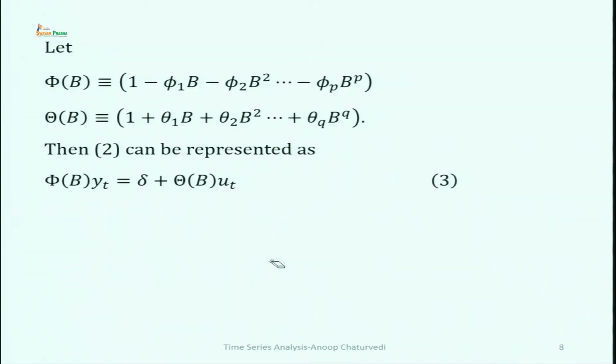Now, suppose capital phi B denotes the operator 1 minus phi 1 B minus phi 2 B square, so on, minus phi p B to the power p, and capital theta B denotes the operator 1 plus theta 1 B plus theta 2 B square, so on, plus theta q B to the power q. Then the ARMA p, q process given in equation 2 can be represented as phi B y t equal to delta plus theta B u t. So, we write the process in this form.